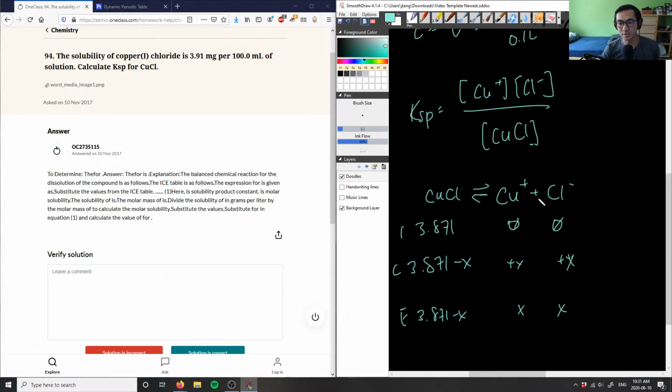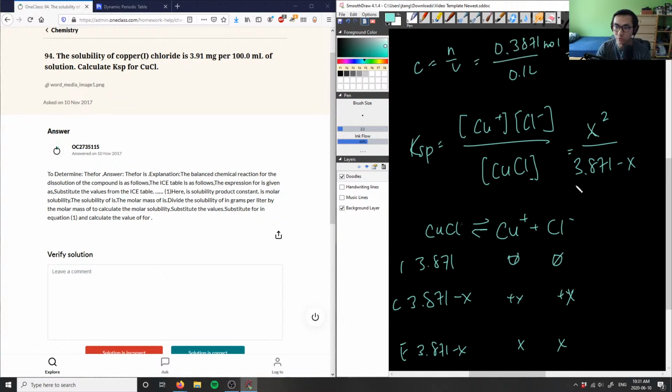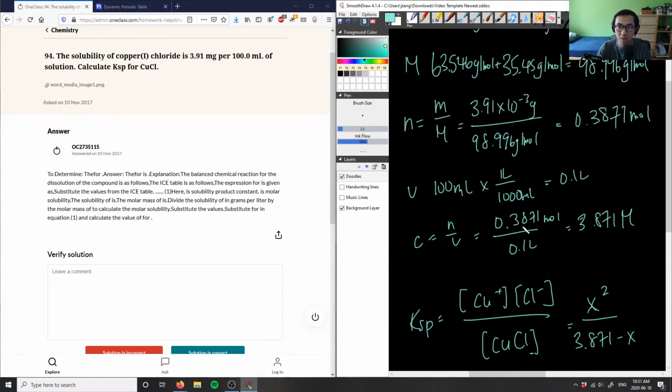And then now what we can do is solve for our KSP value. So this is simply x squared divided by 3.871 minus x. And this here would give us the value for KSP if we knew the concentrations of Cu plus and Cl minus here.